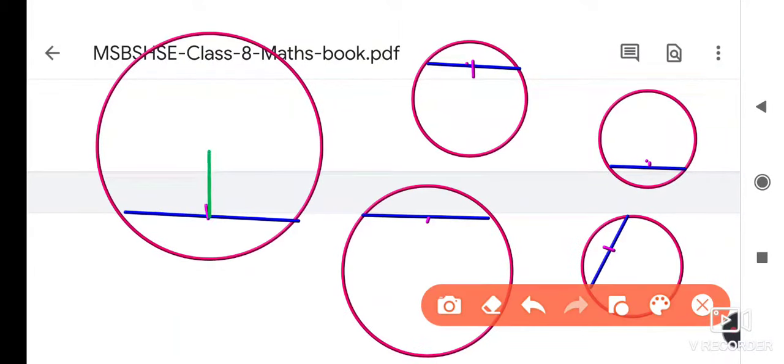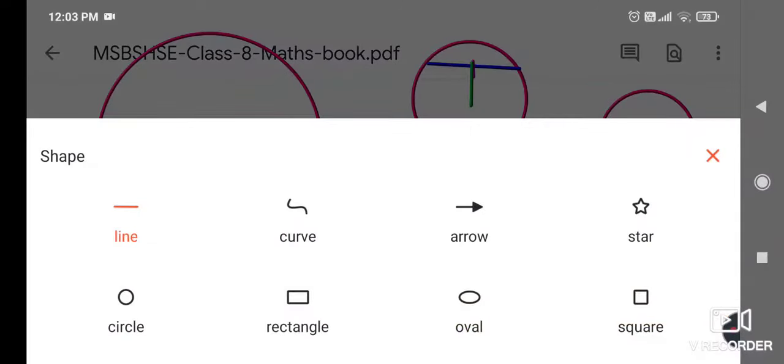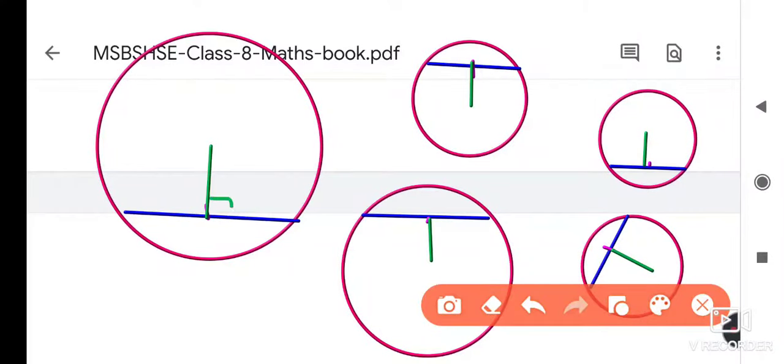So here if I join this, you will notice that this is the center of the circle, and this is perpendicular. Just measure the angle in each figure. You will notice that it is 90 degrees.